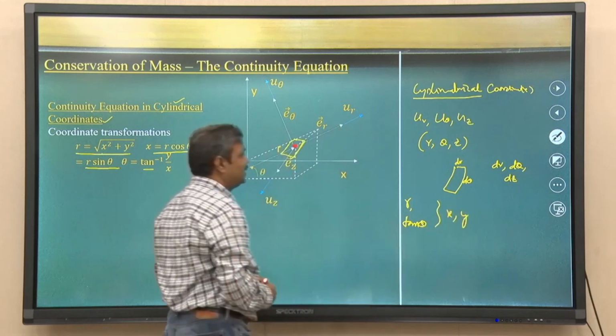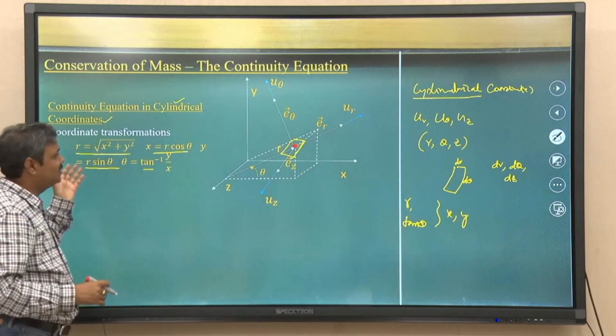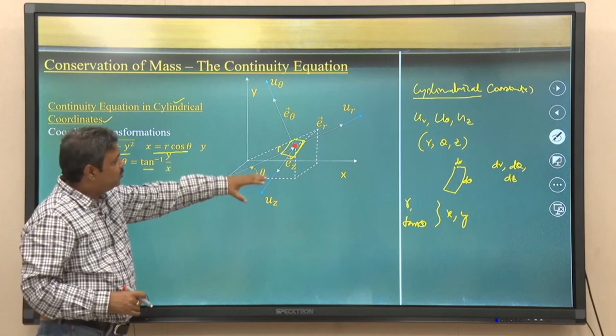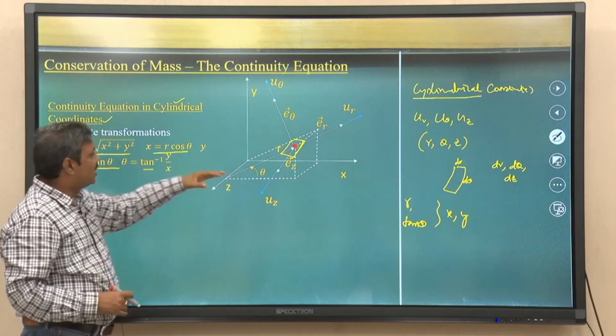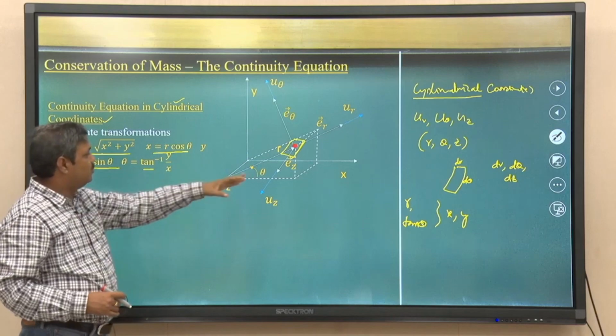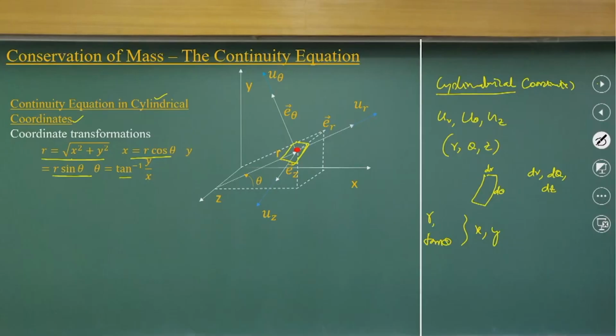Graphically, if you look at it, x will be r cos theta, y will be r sin theta, and tan theta will be equal to y by x.